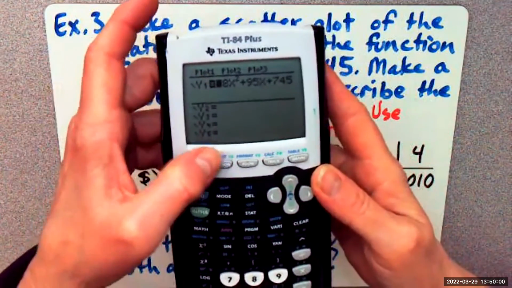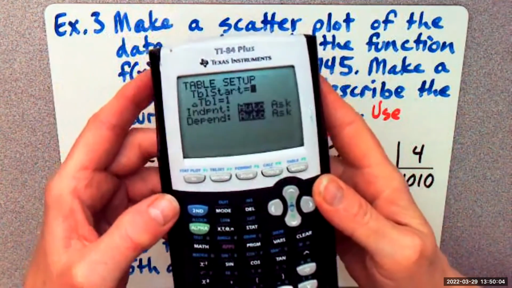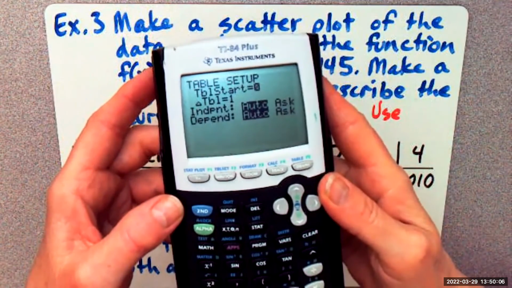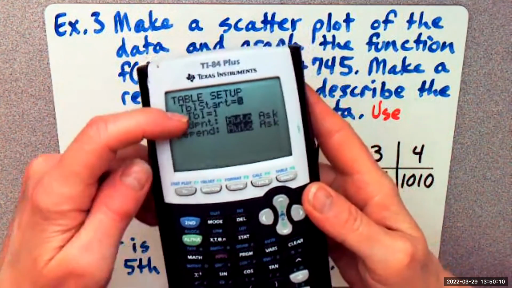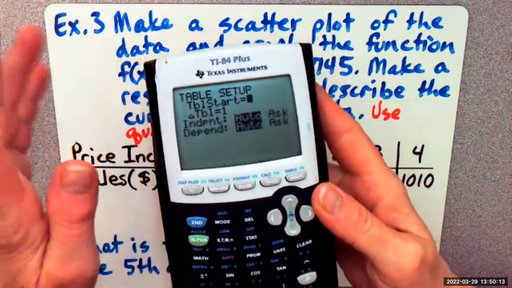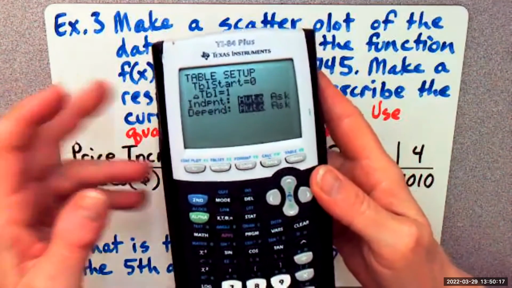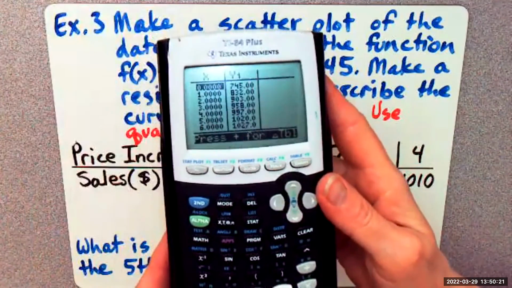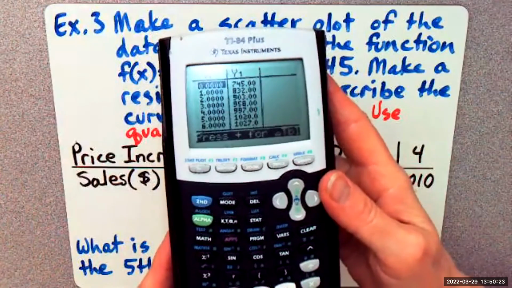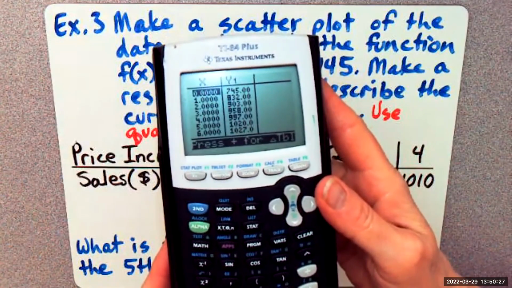Now I've already gone to table set, hitting second table set. So I started at table value of 0 with a change in table value of 1. I don't want any decimals, I just want to do 0, 1, 2, etc. So now I'm going to go to the table, and this is what I see. This is the f of x, the function in here.